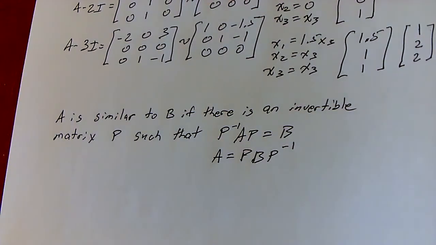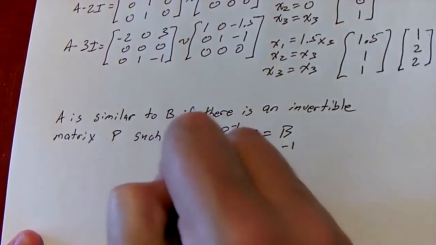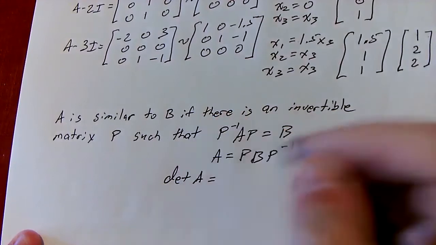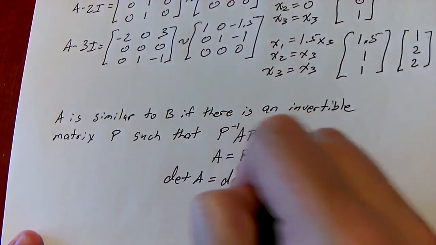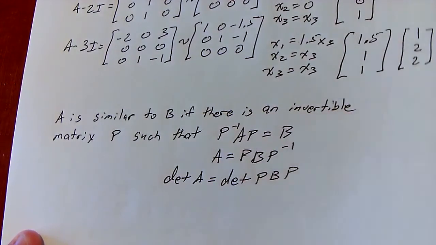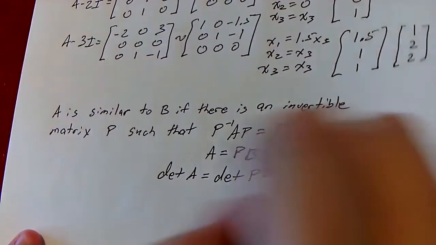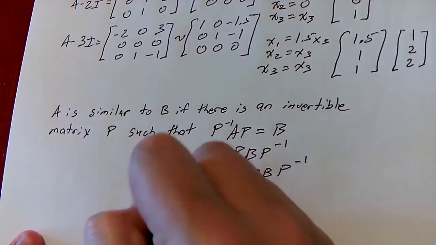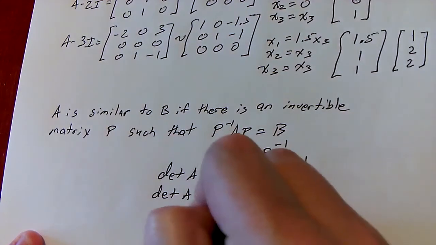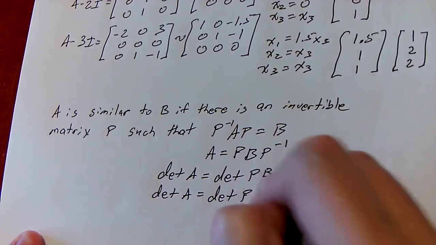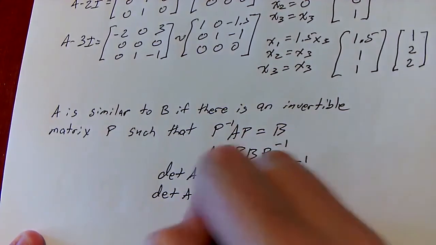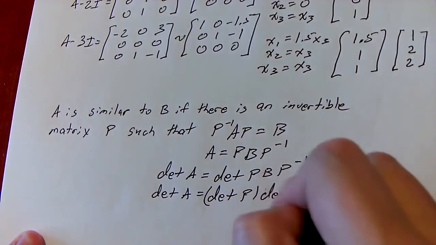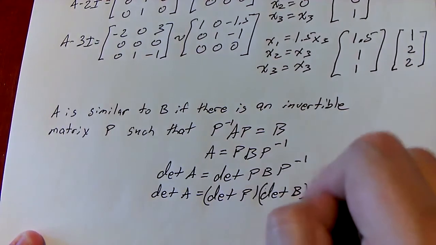And the reason that's important is that if I take the determinant of both sides, then knowing what we know about determinants, I can split this determinant up. So I will have that the determinant of A is equal to the determinant of P times the determinant of B times the determinant of P inverse.